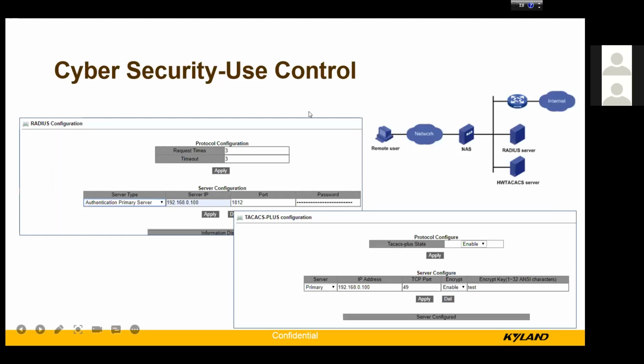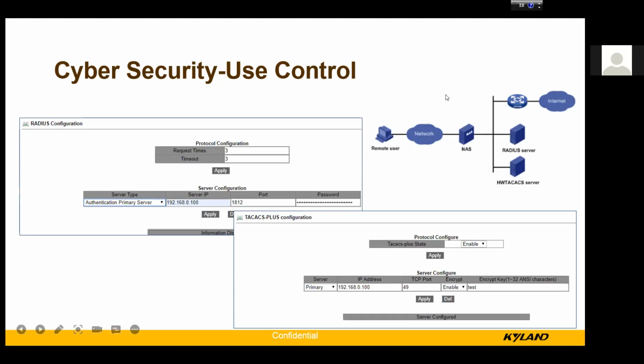This is some introduction about RADIUS and TACACS. Actually, there are two ways for user control. One is local control, and another way is remote control. You can see that this is the NAS. This is the remote user. If I want to access this NAS, if I use local control, then I just send the username and the password to the NAS, and the NAS will verify the username and password locally.